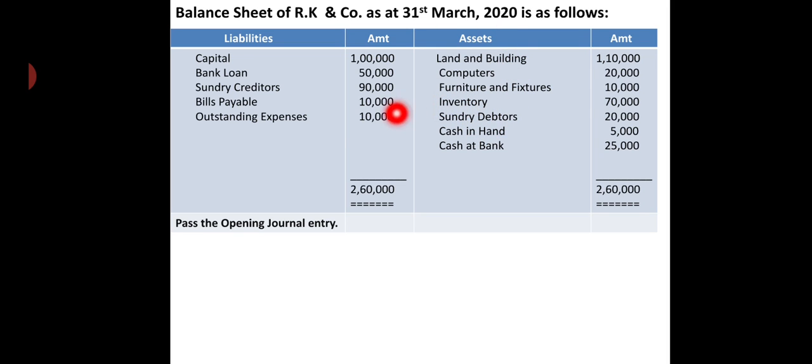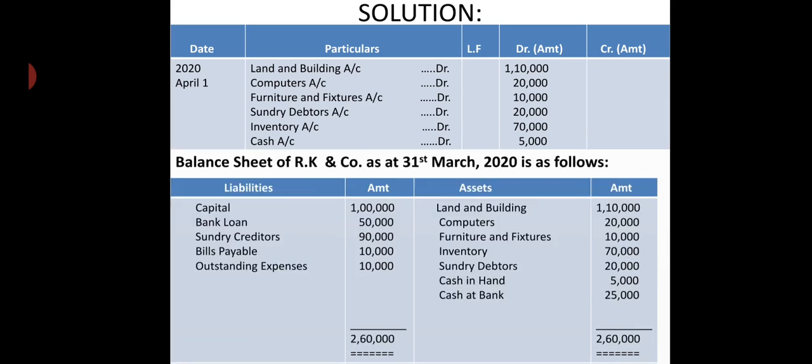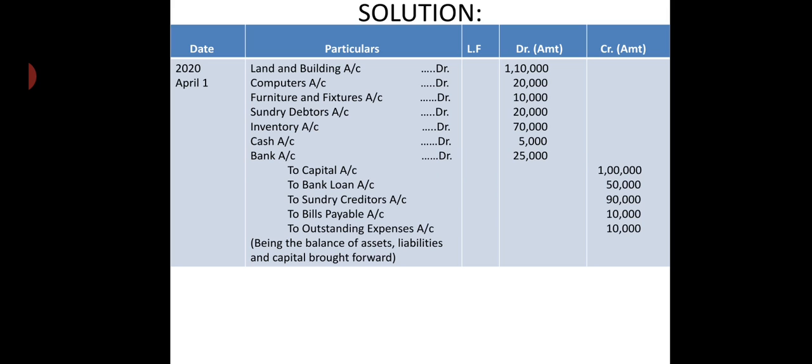So with these items given to you, you are asked to pass the opening journal entry. So now how to do this? Let us move to the solution part of this. Here is the solution. The first thing you have to do is prepare a box in which we will have the column for date, particulars, ledger folio, debit amount and credit amount.